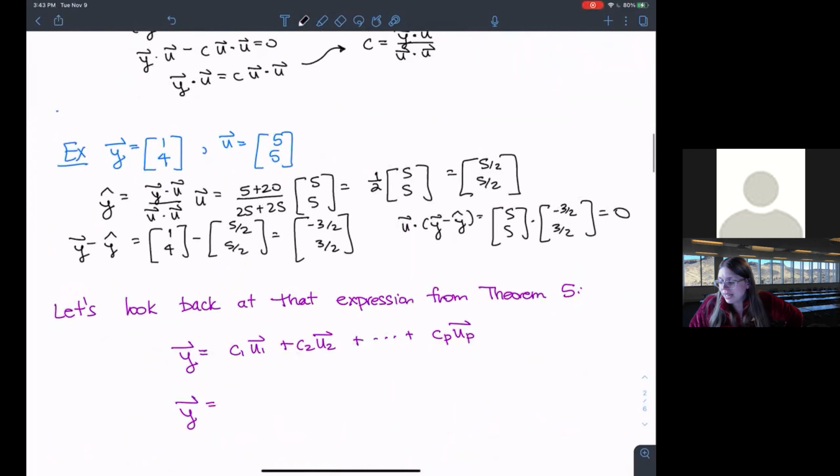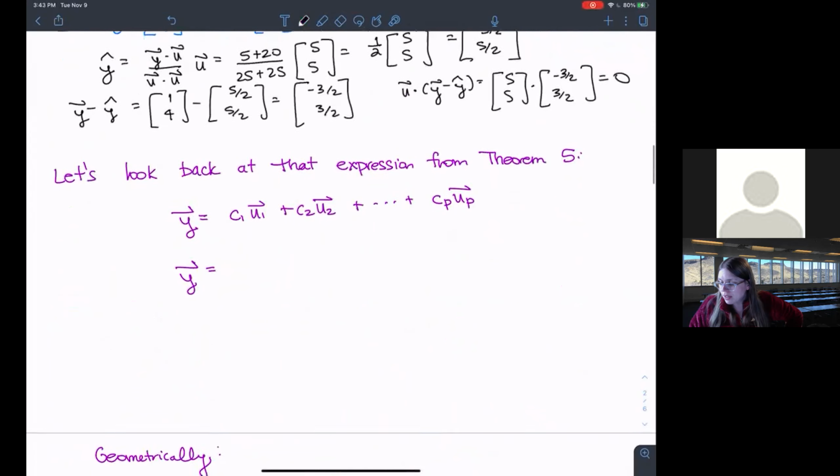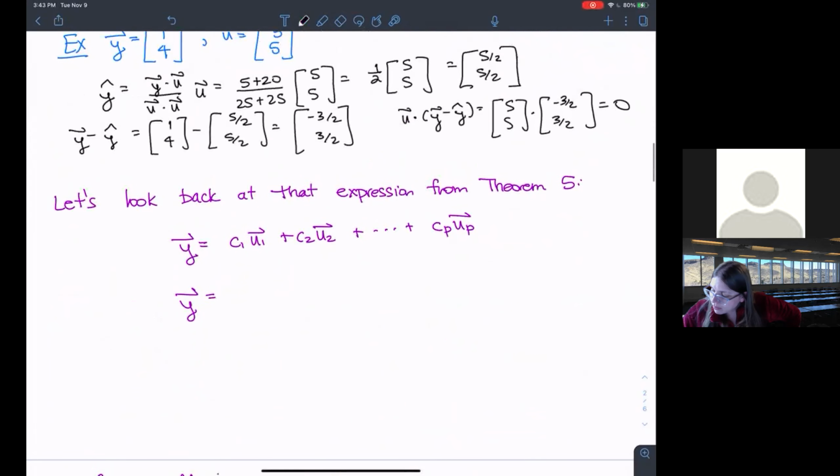Now let's go back to that expression from theorem 5. We said that if we had, again, u1 through up an orthogonal basis, and I wanted to write y as a linear combination of u1 through up, well, one thing we could always go back to the beginning of this course and row reduce a matrix with columns u1 through up augmented with the column y and then solve. But we now know that there's something better to do because these are orthogonal.